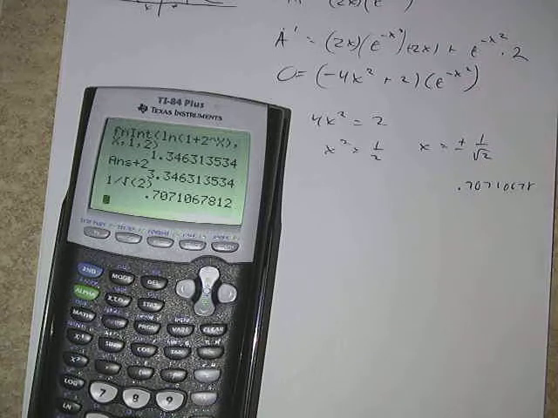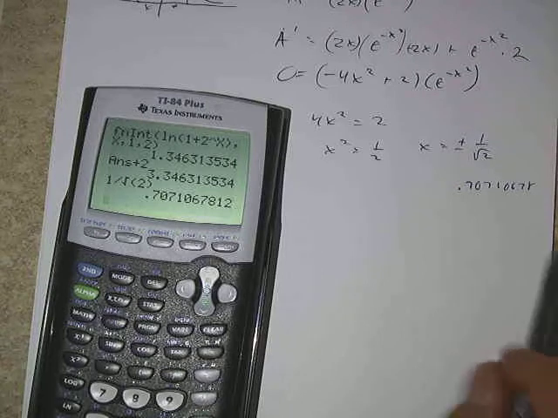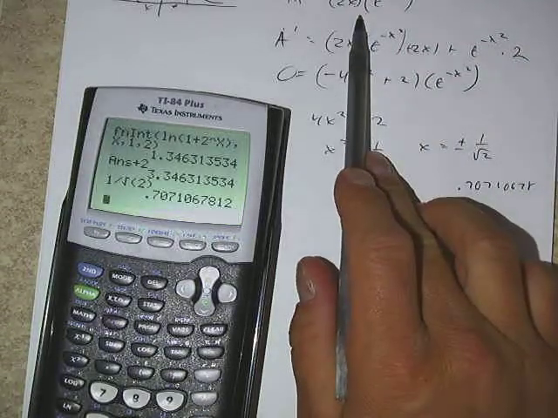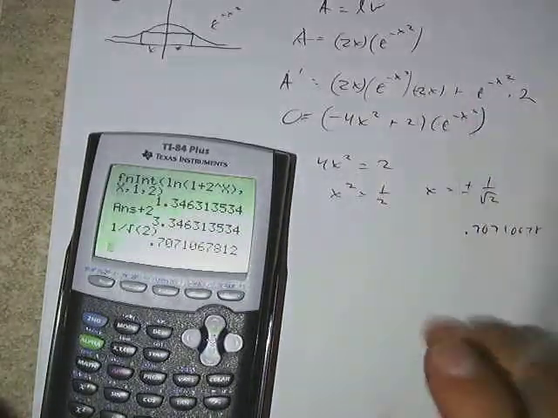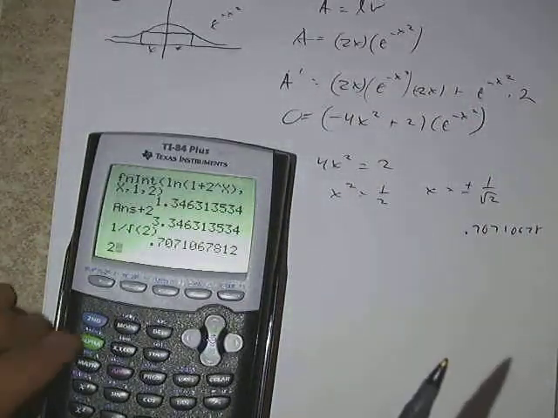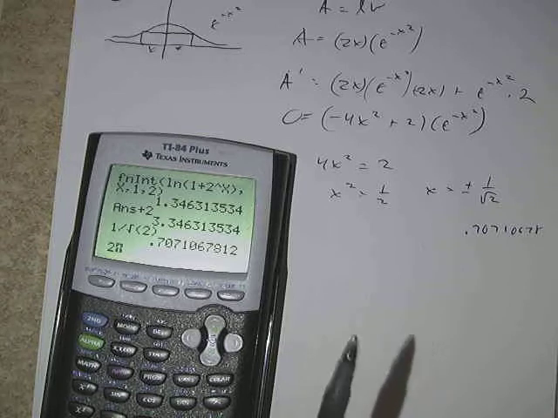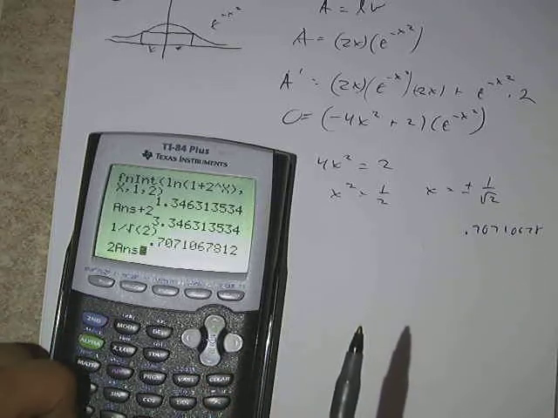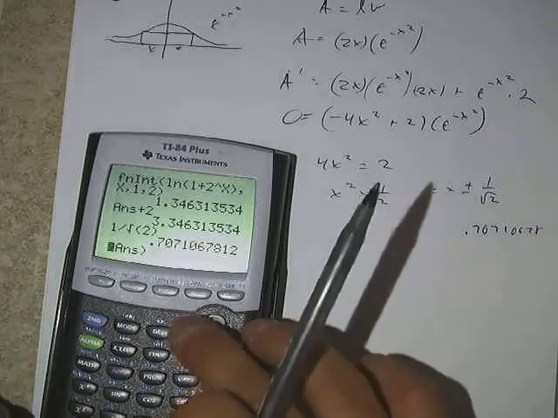Bottom line here is that if that's our x dimension that maximizes, the question says find the maximum possible area. So is this the area? No. You'll notice that it's a choice though, isn't it? So where's this 1 over radical 2 going to have to go? It's going to have to go into the area function, which we wrote up here.